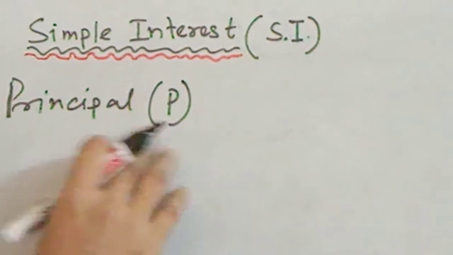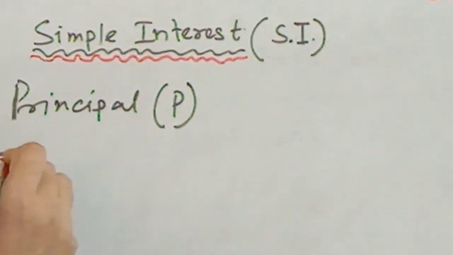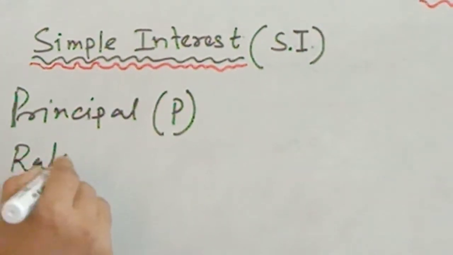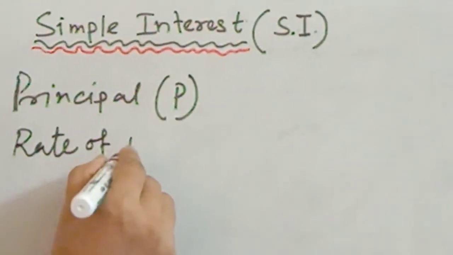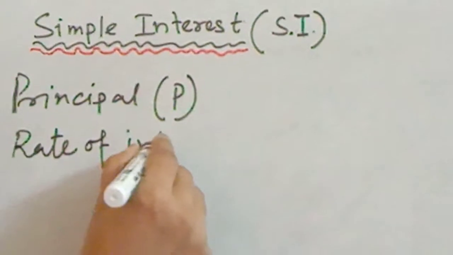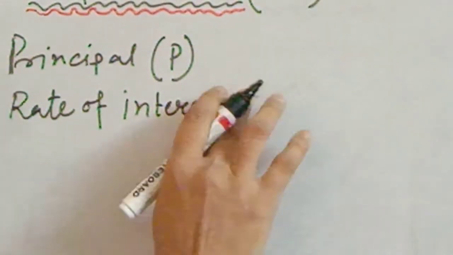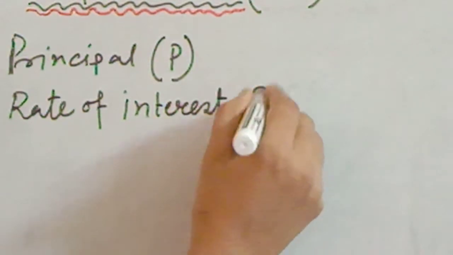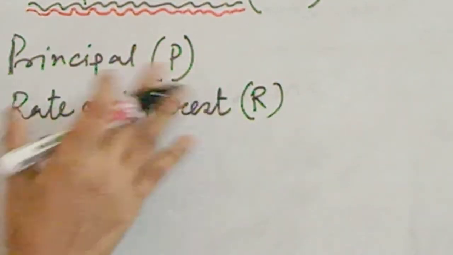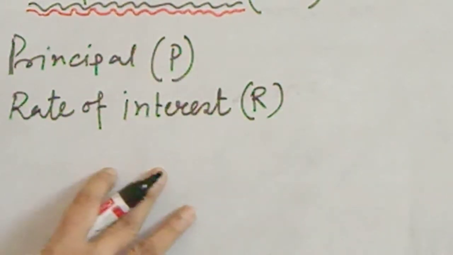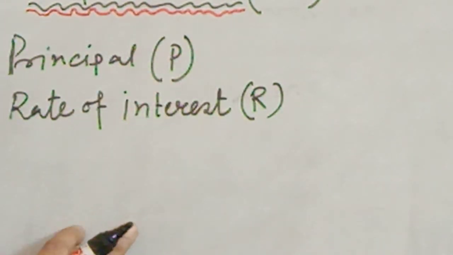In short form it is P. And interest or rate of interest. Rate of interest, in short you will write R. These terms will come very frequently, you will see all these sums related to simple interest.